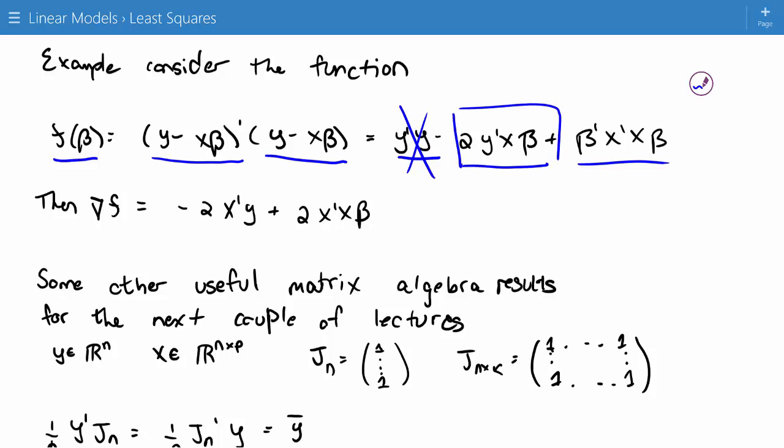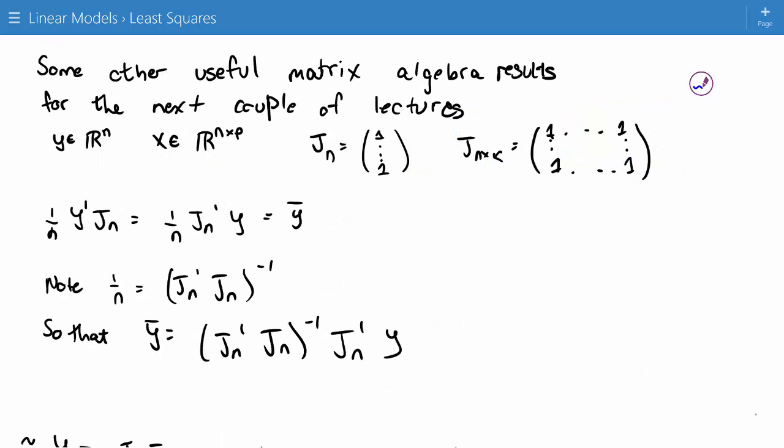This term is linear in beta, and so we transpose that and we get negative 2x transpose y. And this term is a quadratic form in beta, so it works out to be 2x transpose x beta.